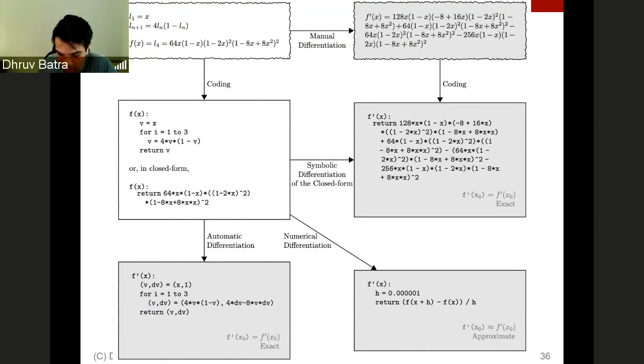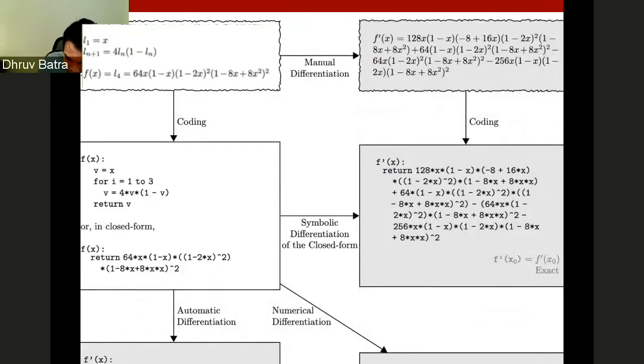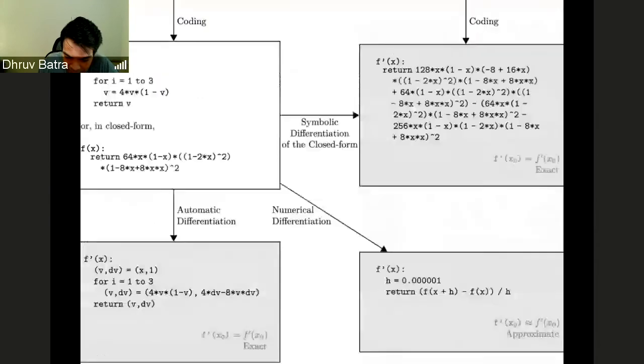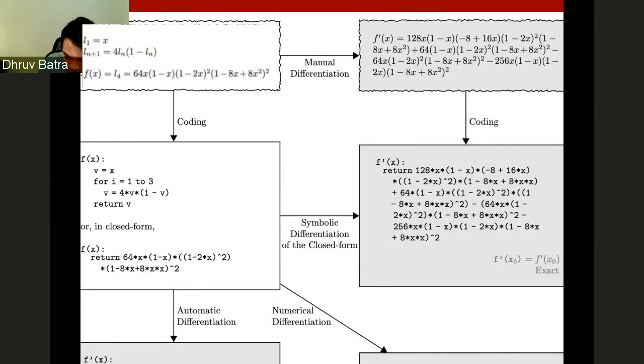Let's take a look at these functions. So let's say this is our function. L1 of x is just x. L(n+1) is defined as 4 Ln (1 minus Ln). So we define f of x as L4, the fourth in this sequence.